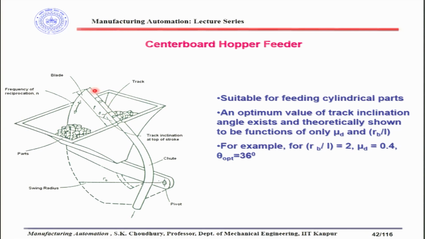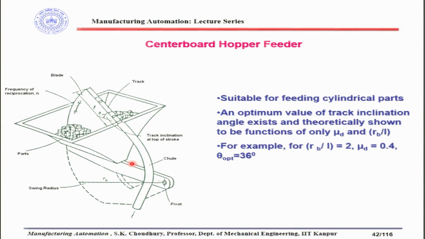Now, for what deceleration, which will be optimal, will the parts not be thrown out? When the parts are located on the blade, particularly on the upper position of the blade, the maximum angle of inclination of the blade is an important factor.